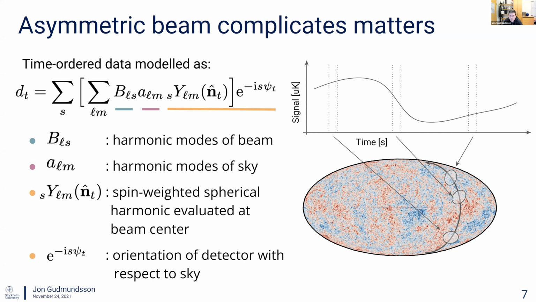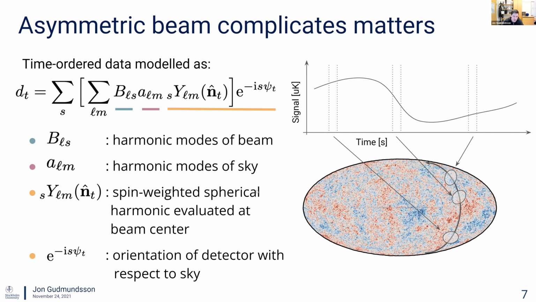In this scenario, we actually have to keep track of the non-zero m coefficients of the beam transfer function, as well as the orientation of our telescope with respect to the scan strategy. So this is the ellipse that describes the beam in this particular case.